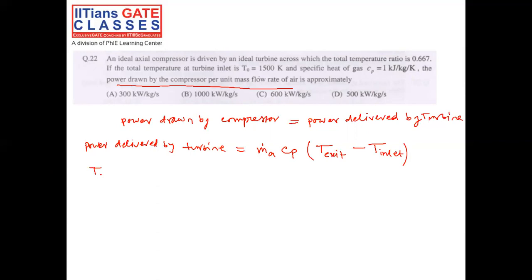Now turbine inlet temperature is given as 1500 Kelvin, and the ratio of the exit total temperature and inlet total temperature is given as 0.667.